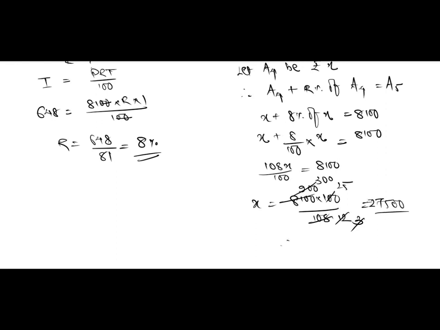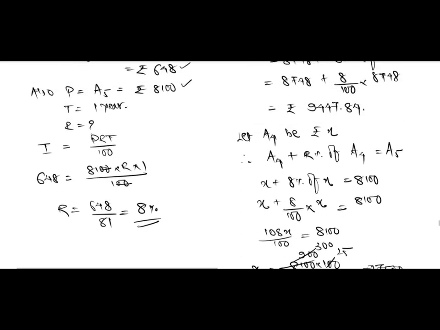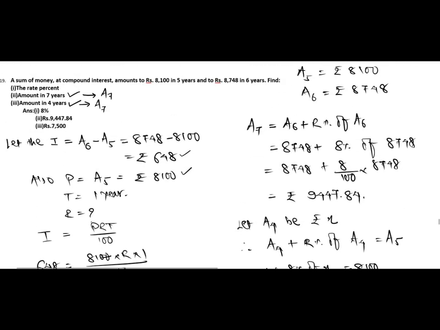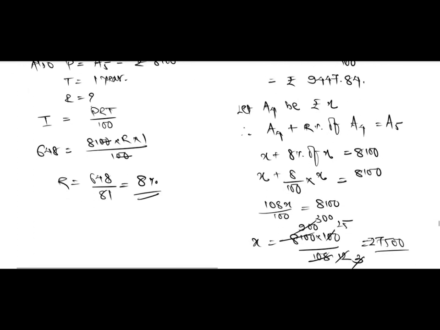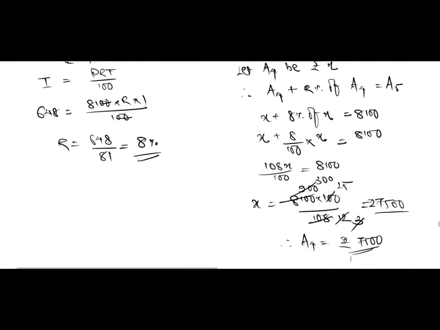So the amount in 4 years will be rupees 7,500. No need of taking the principal and doing all the complicated method. If you know the relationship between amounts of consecutive years or compound interest of consecutive years, these questions are very, very simple. I hope now the pattern, the method is very, very clear to you.